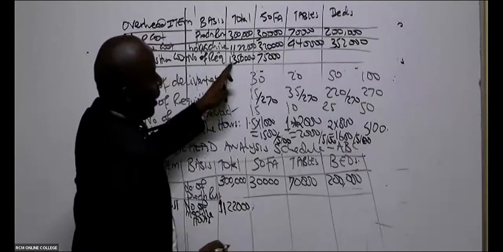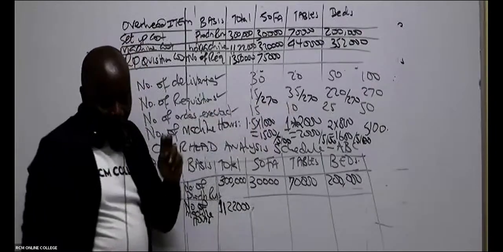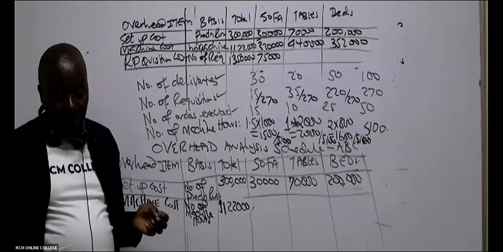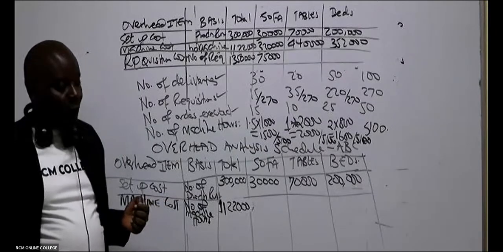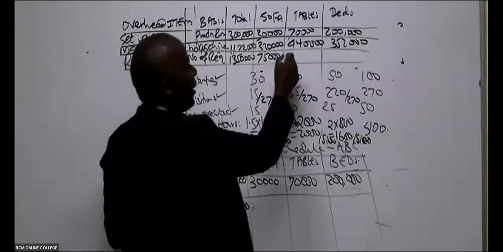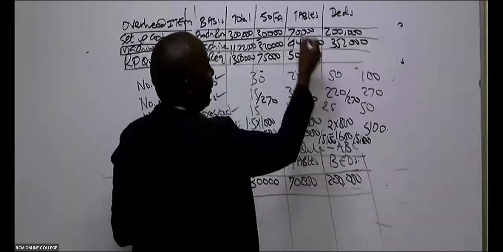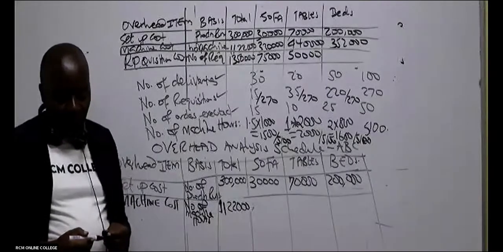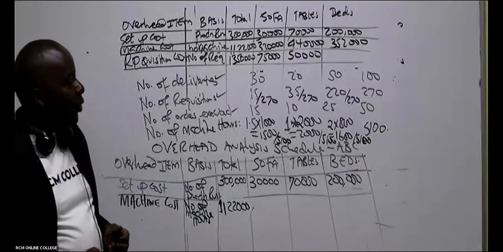And then the same number times this 35 over 270: 175,000. And then the last one, beds, will be 175,000.